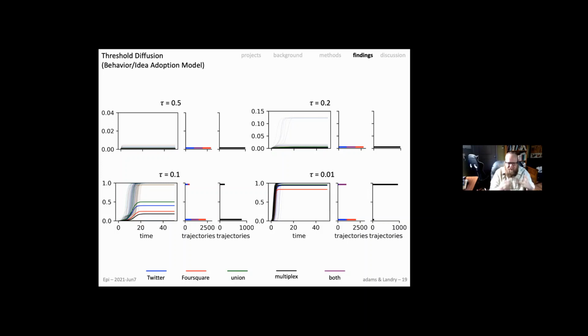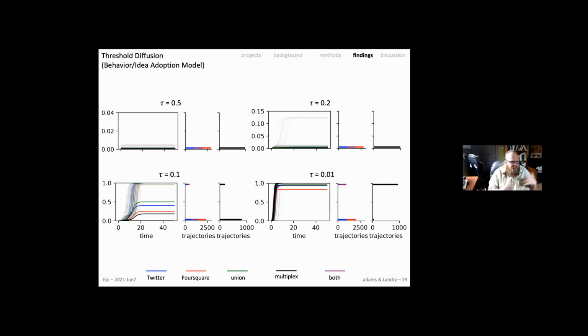For most of the levels that are meaningful in this population, in other words, needing more than one partner, you get the pattern we have on the 10% side, where the union is greater than the multiplex. But at the base level, at the extreme, only requiring a small amount of one of my partners to have adopted is the only place you get a reversal of that pattern.